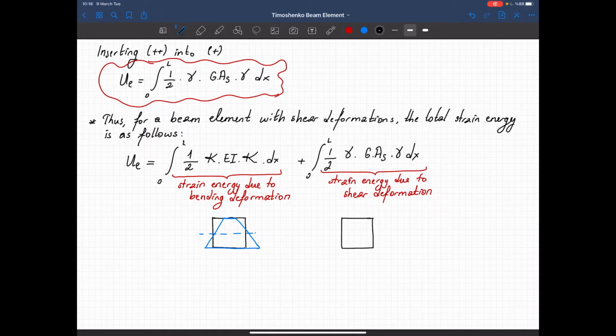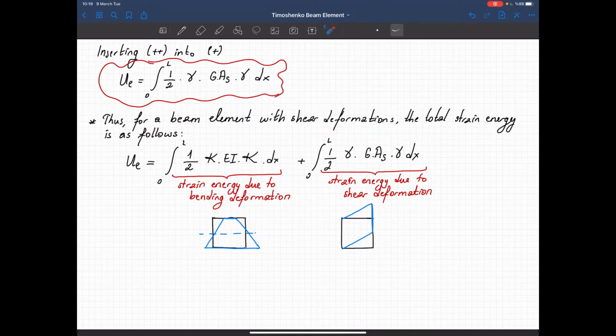This infinitesimal square becomes a parallelogram, and that's the definition of the shear deformation, and this equation is the energy due to the following deformation in the member. So basically we separated these two deformations. We are just assuming that they don't influence each other. So bending deformation causes squares to become trapezoids, and that's the energy equation of it. And shear deformation causes squares into parallelograms, and that's the energy of it.